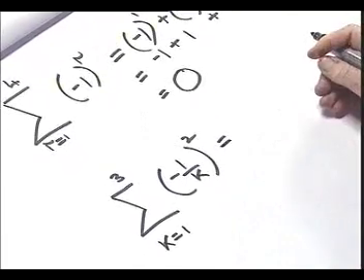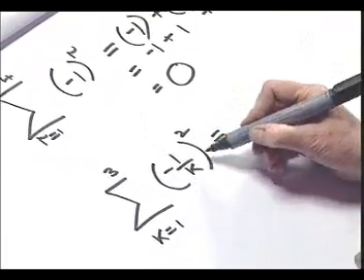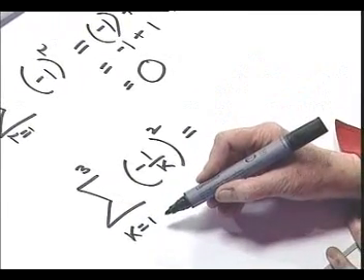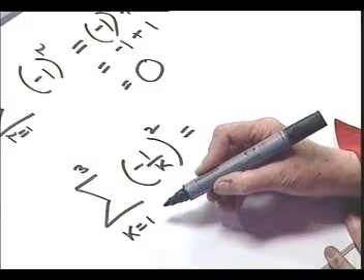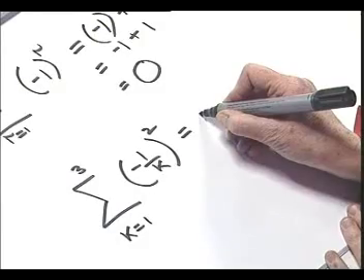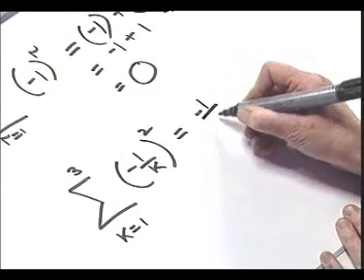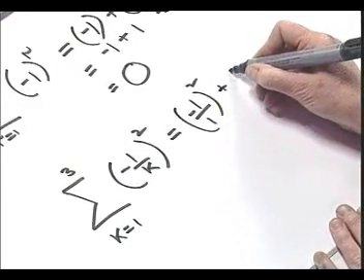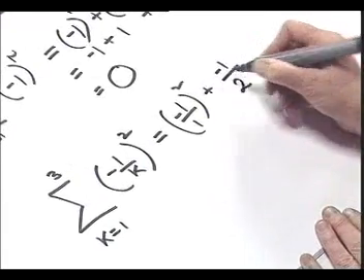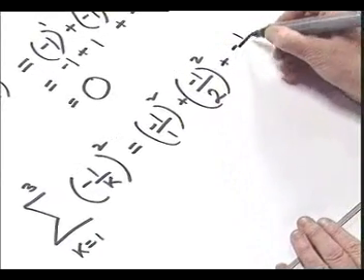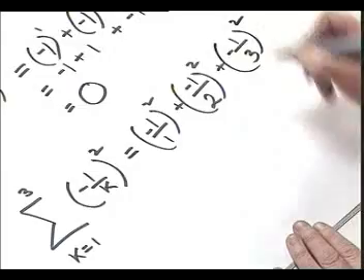Again, take care. Our general term is (-1 over k) squared. And we have to use values of k from 1 to 3. So we start with k equal 1. That's (-1 over 1) squared plus (-1 over 2) squared plus (-1 over 3) squared.